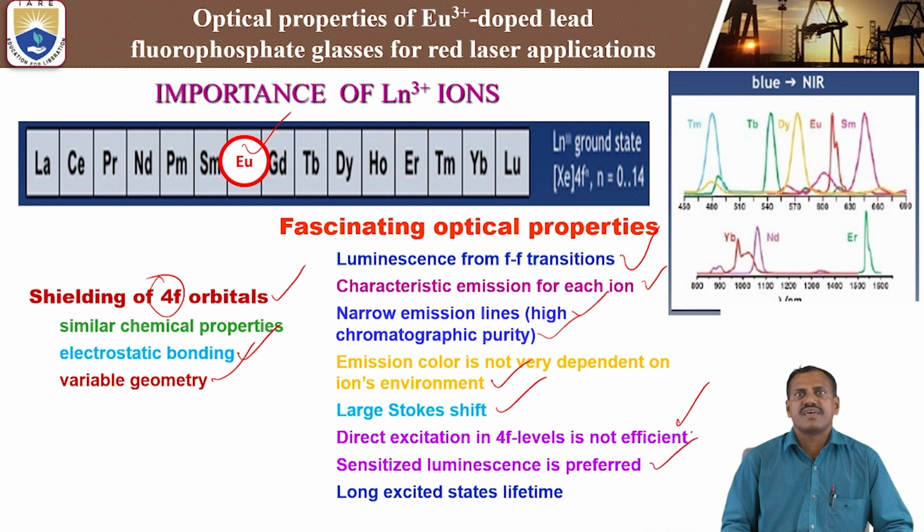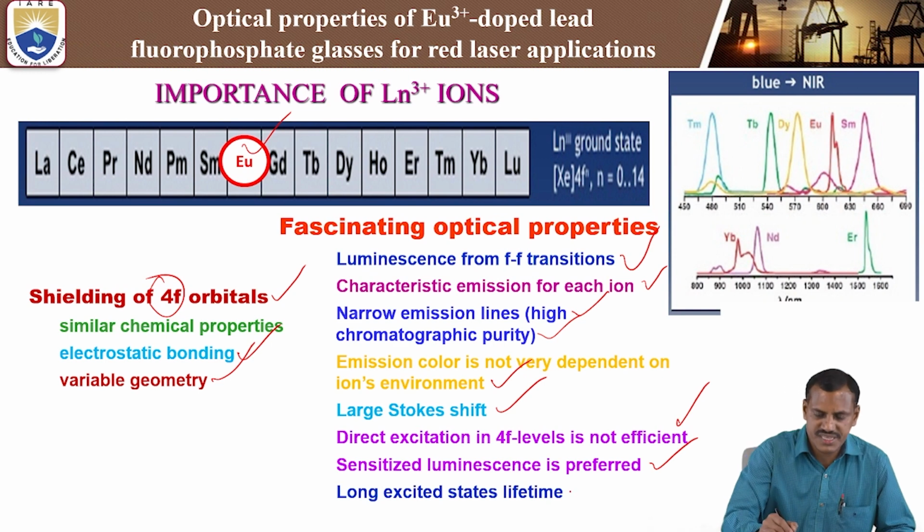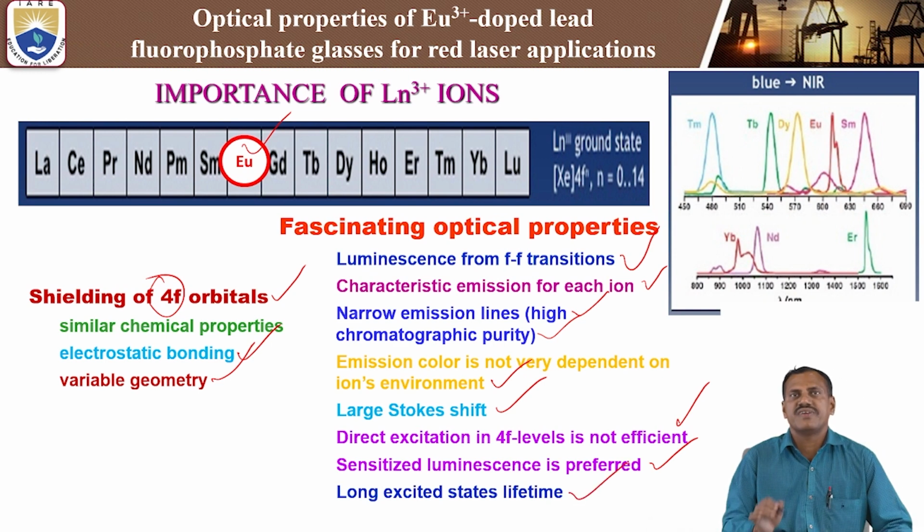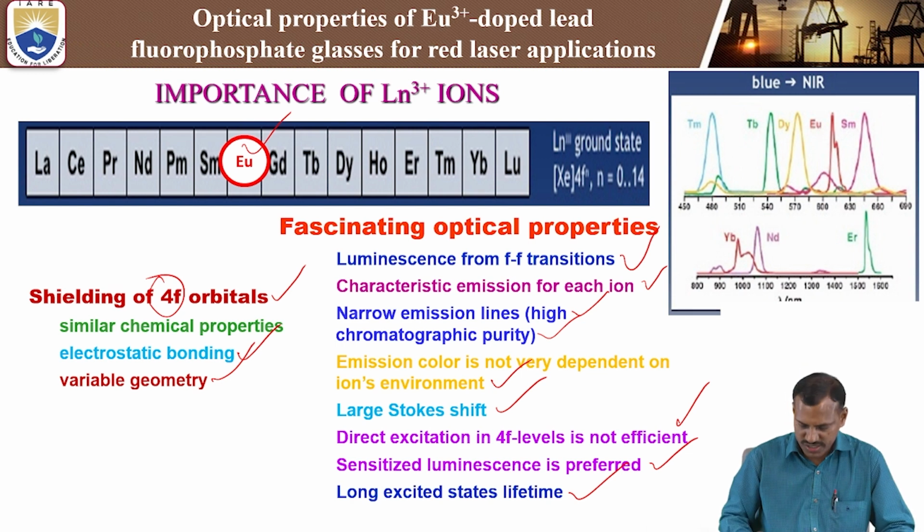Next, a long excited state lifetime. That is why europium 3+ doped glasses always have lifetimes in the millisecond range, about 2 milliseconds to 5 or 6 milliseconds, depending on the host material. So these are the fascinating optical properties of europium 3+ doped lead fluorophosphate glasses.